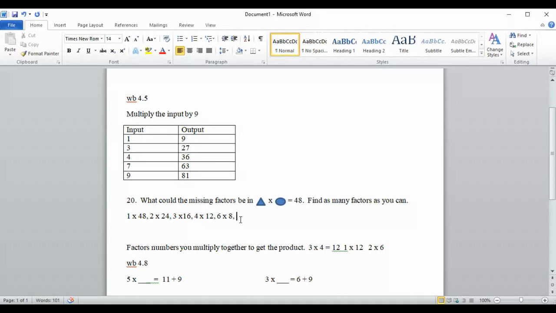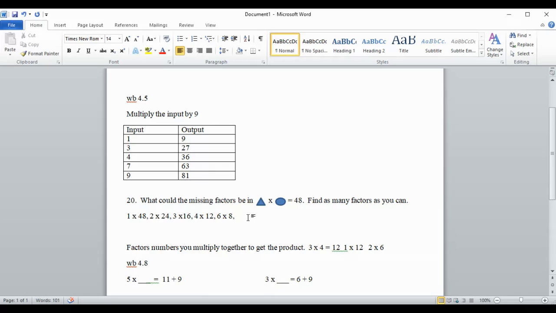Now, the question in your book asks you to find the factors of 36. And then it wants you to explain it. I'm okay if you don't explain it. I will tell you one of the most effective ways of finding all the factors for 36 is to use your multiplication chart.